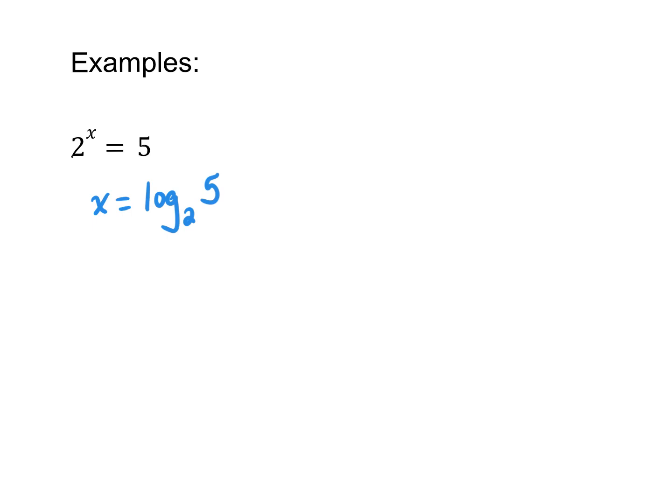If you don't have the fancy calculator, we'll say this is log 5 divided by log 2. When I put that in the calculator, I'm getting about 2.32.